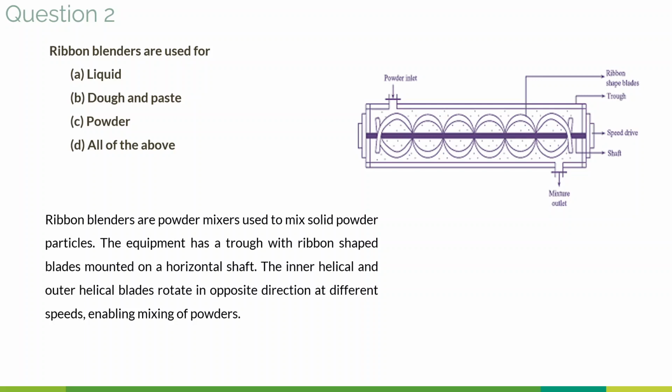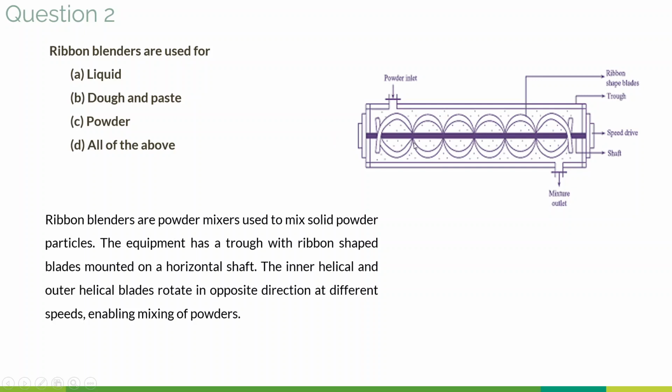Each kind of blender will be used for a particular kind of food material. You cannot use any blender for any material. So ribbon blenders are specifically used for powders, fine solids. Ribbon blenders are powder mixers used to mix solid powder particles. The equipment has a trough or a container with ribbon shaped blades, and these blades are mounted onto a horizontal shaft, the black shaft that you see here.